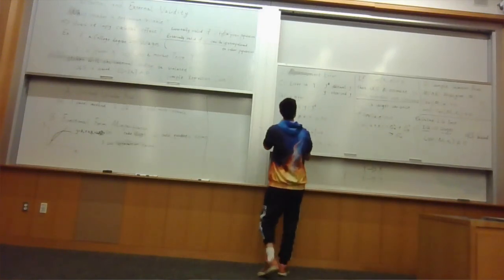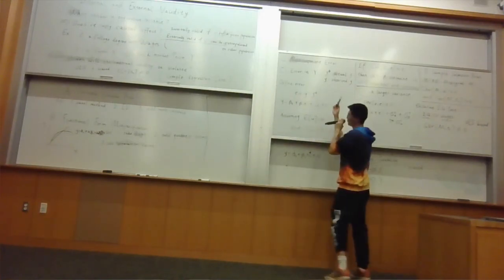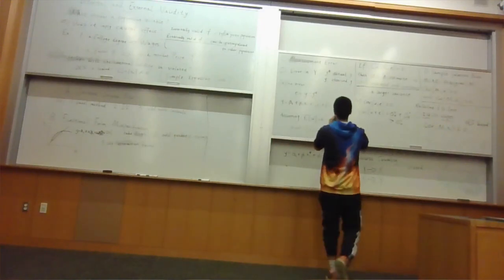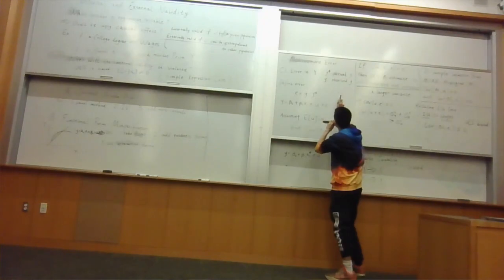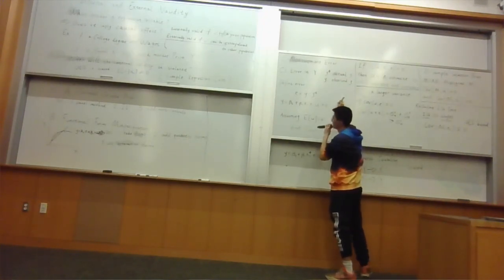So here we have measurement error. Let's say first we can have measurement error in y or measurement error in x. Let's say first we have measurement error in y, and y star is the actual y, and y is the observed y.